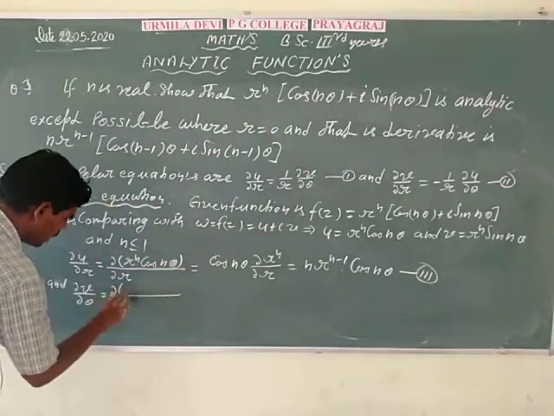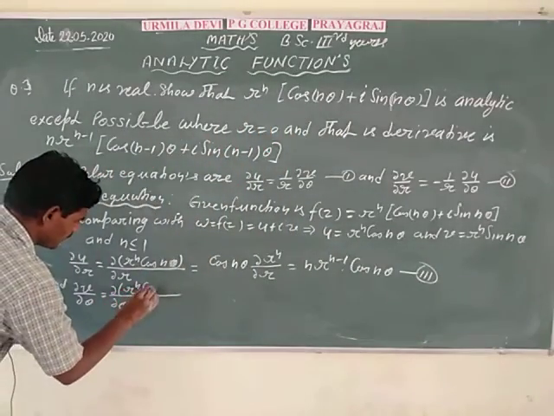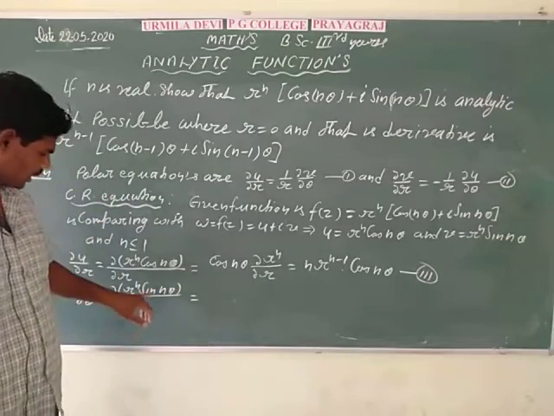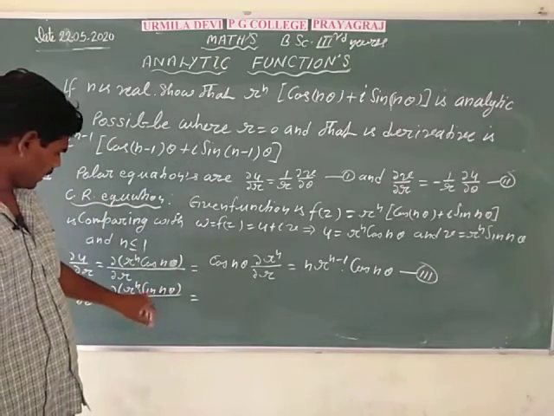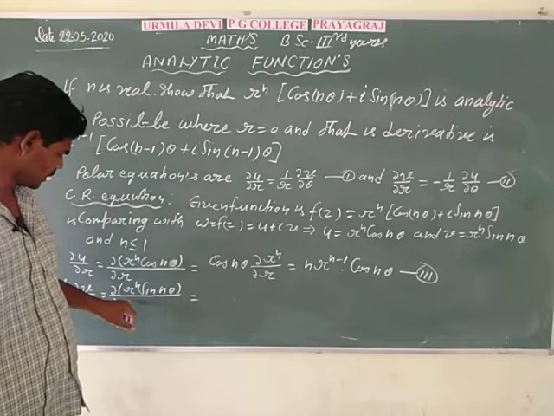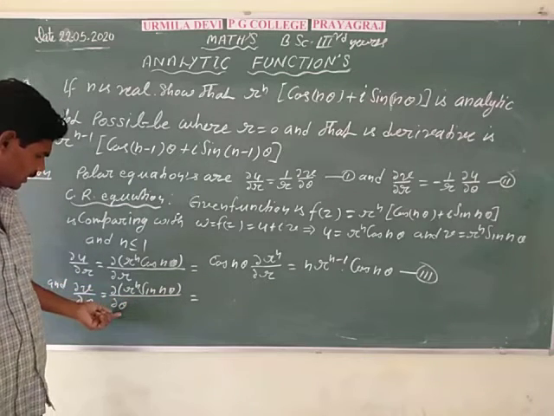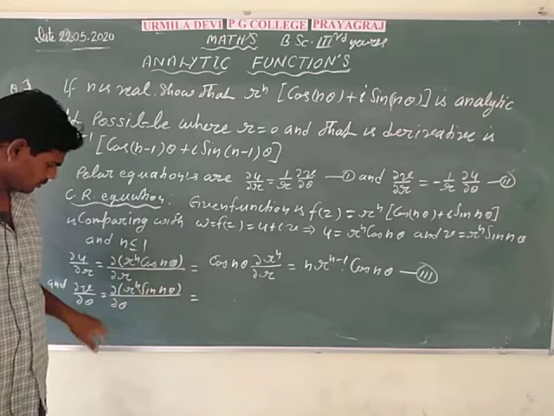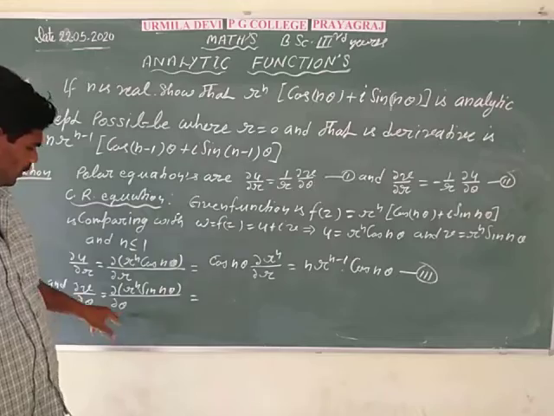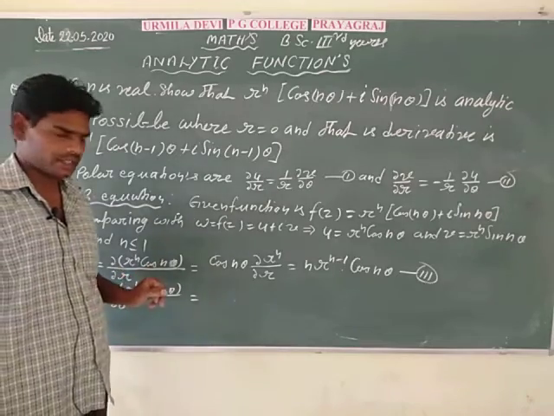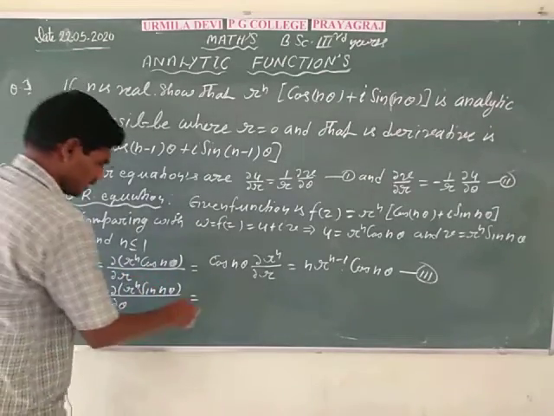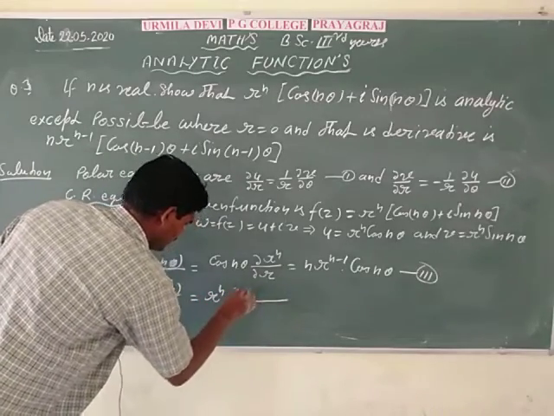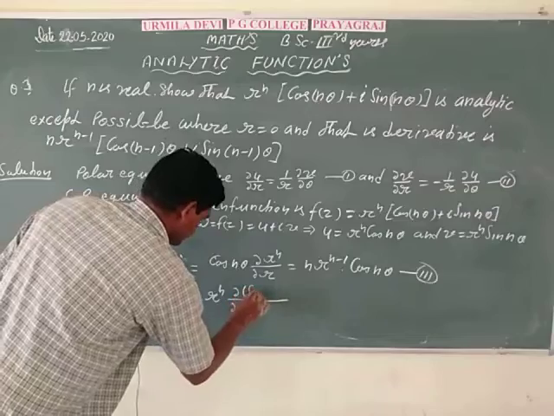Here we take the partial differentiation of r to the power n sin n theta with respect to theta, therefore r will be constant, so take r to the power n outside the differentiation and write del by del theta in the bracket of sin n theta.